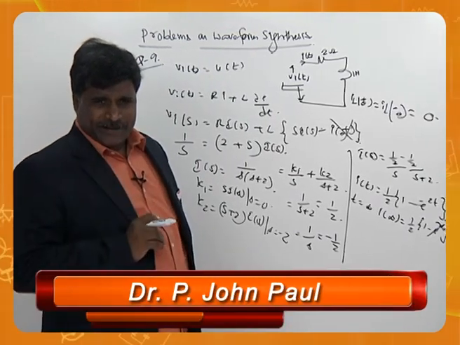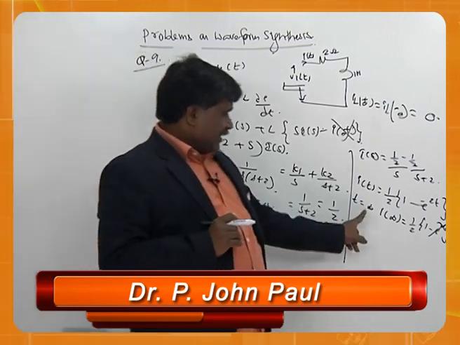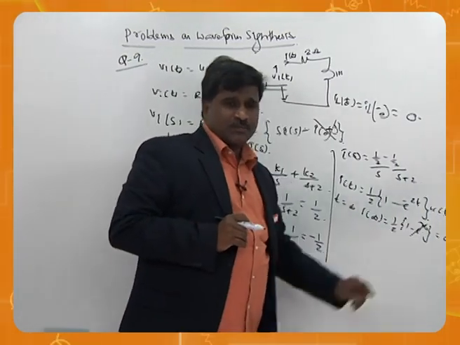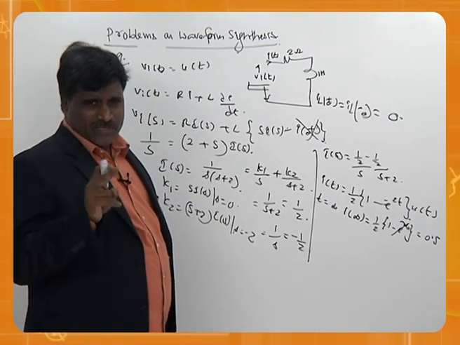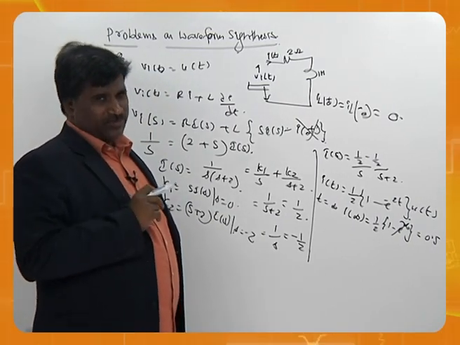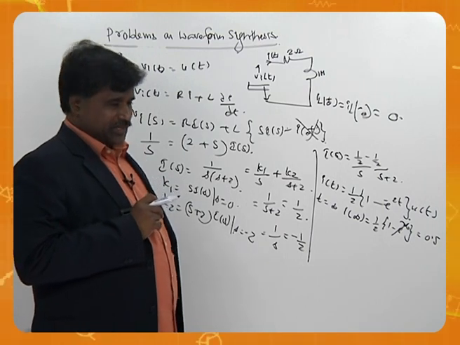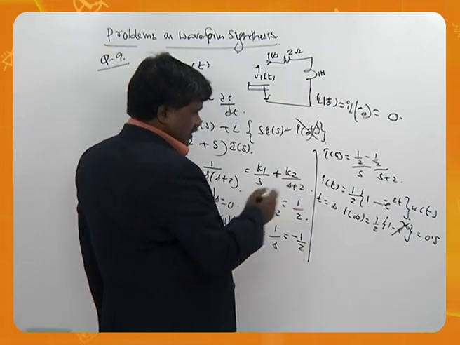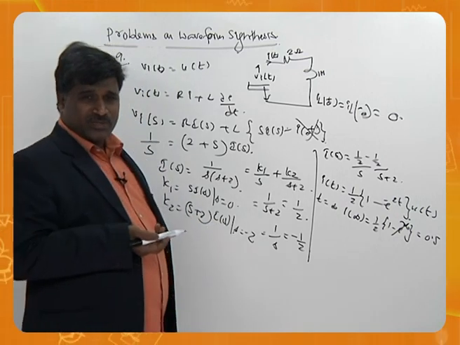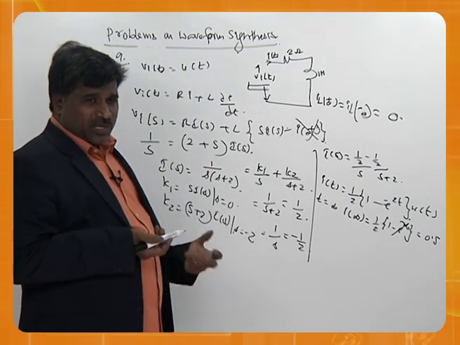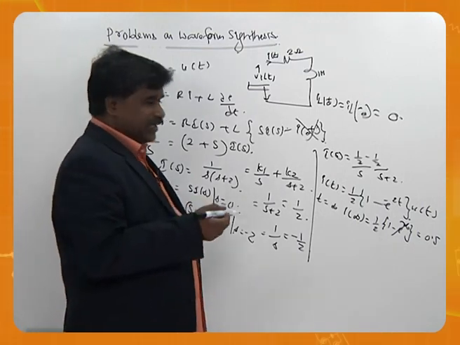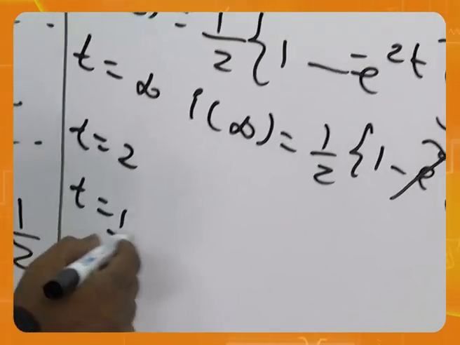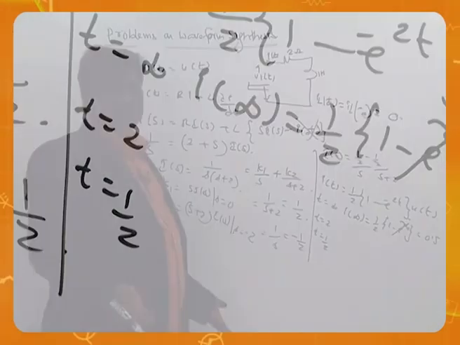Now rule out A and D, because the maximum value that I am going to reach is 0.5. So we have options only between B and C. The next thing you need to know is at what value 0.31 is coming and at what value 0.13 is coming. Suppose you give half, what comes here? Finalize.